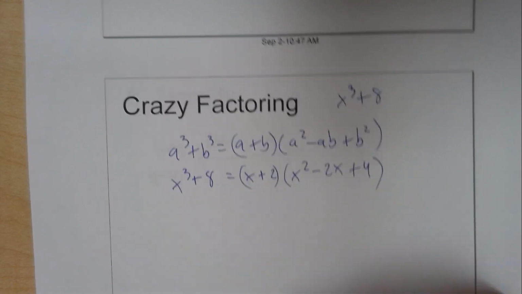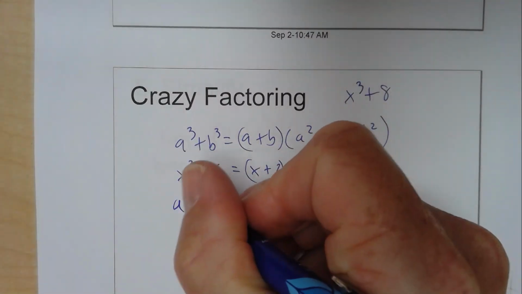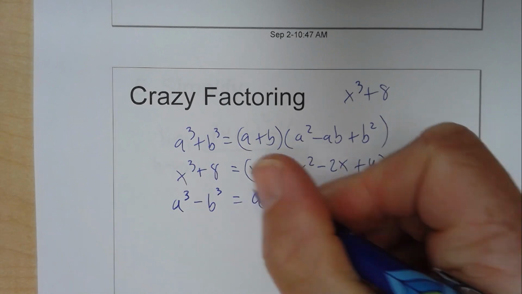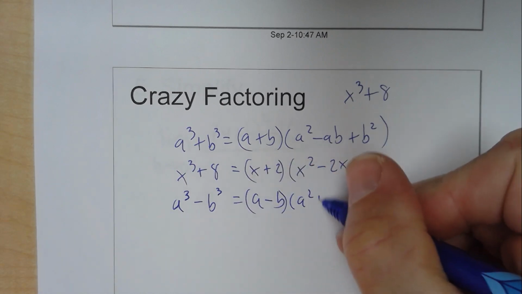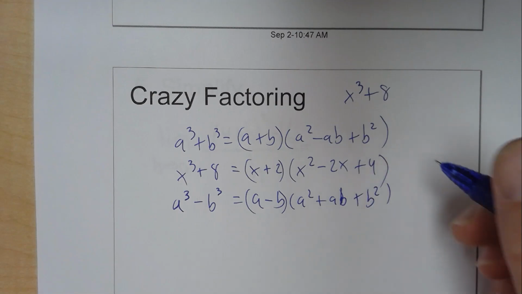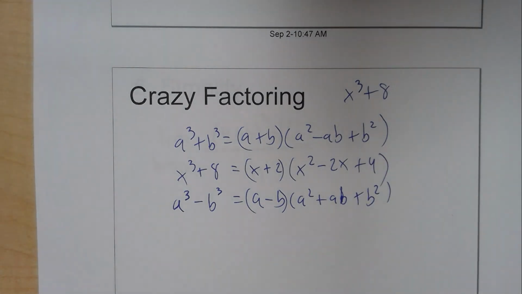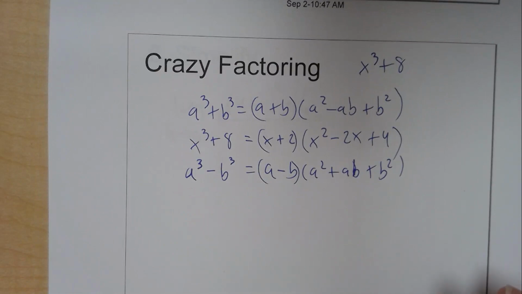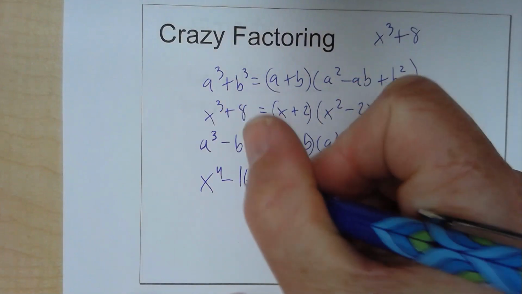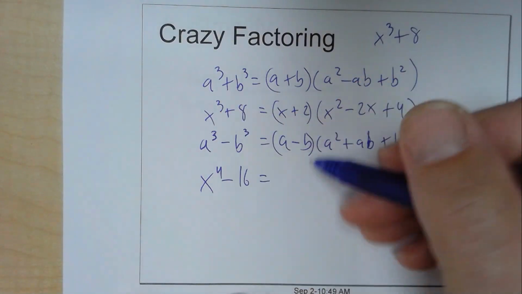Similarly, a cubed minus b cubed is another factoring pattern, so it's a minus b times a squared plus ab plus b squared. Sometimes these just show up from time to time, so I'm making you aware of them. Things like this show up as well. x to the fourth minus 16 is the difference of two perfect squares.